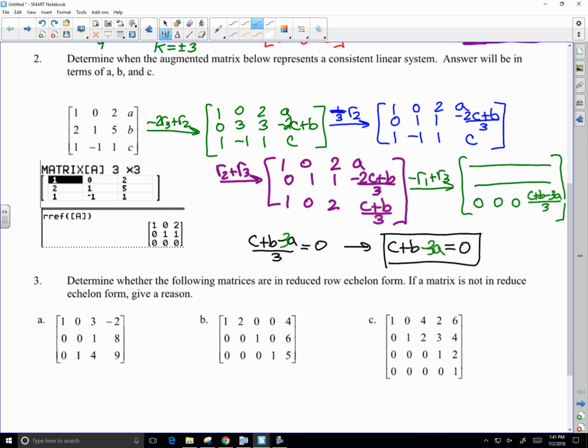Yeah, well, the first thing I did was negative R1 plus R3. All right, so that brought the A down to the C. Oh, and then at some point you must have done R2, R3? Yeah. Okay, that brought the A into the R2.